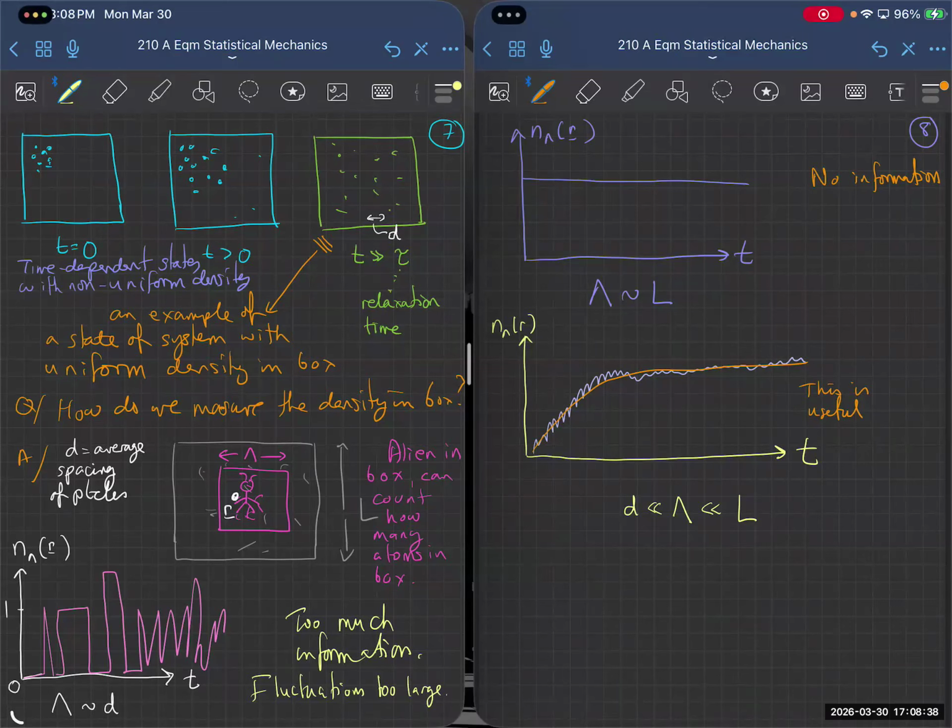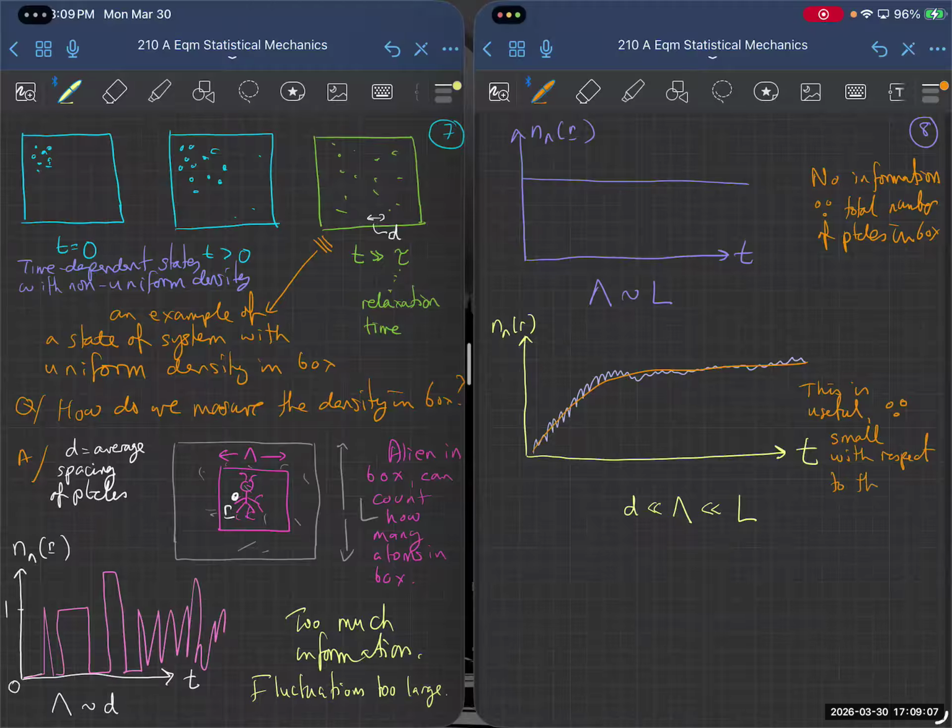In this one, there's no information because it's just the total number of particles in the box. And this one is useful, because the fluctuations are small with respect to the average signal.